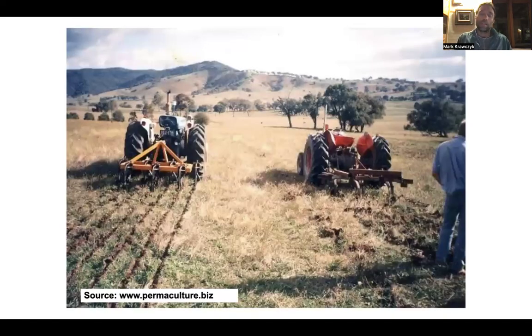And this is just an example, a compare and contrast, of the surface finish of a Yeomans plow versus a chisel plow, which I don't even know technically if we consider a chisel plow a subsoiler, just because they're not really designed for deep tillage. You're going to be very limited in terms of depth and also create a much more bumpy, irregular surface using a tool like that.